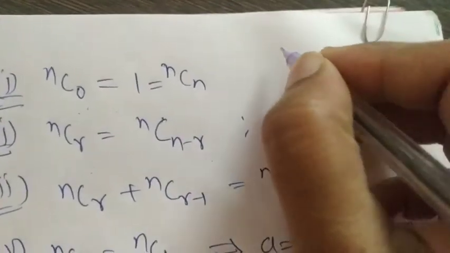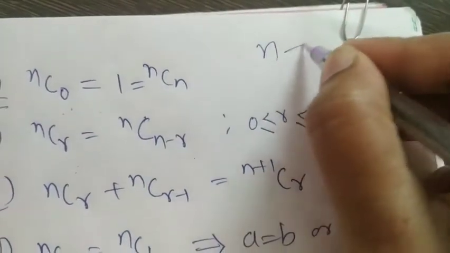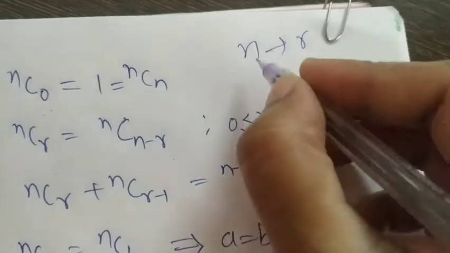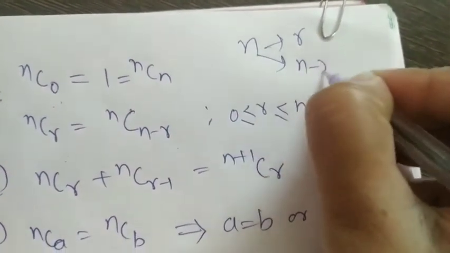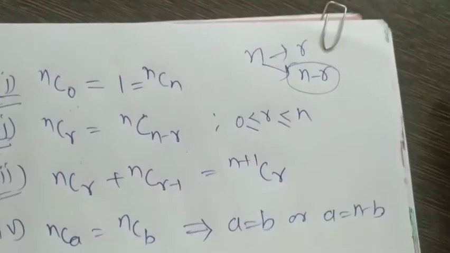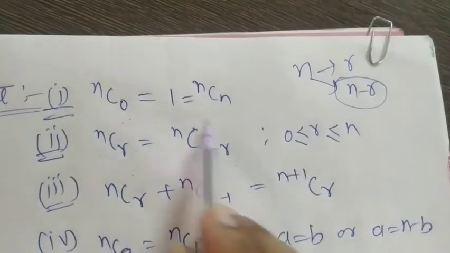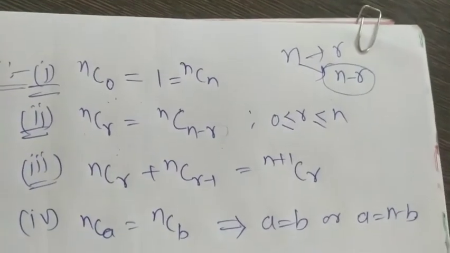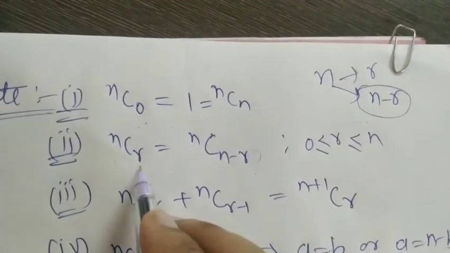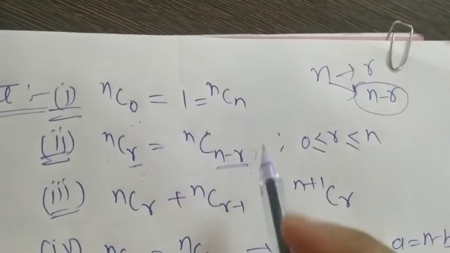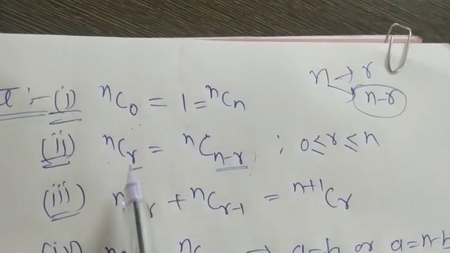It means if I have n objects and from that I am taking r objects, the remaining n minus r objects are making another team, another group, and both are the same. Always remember, these will be equal when the total objects are the same.